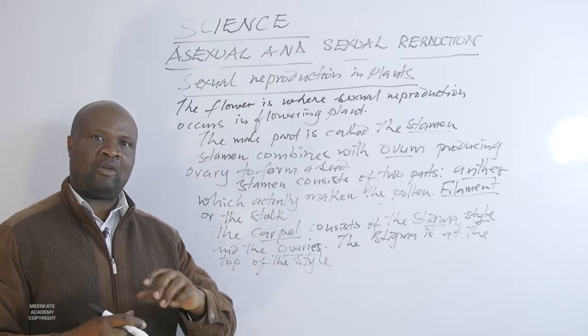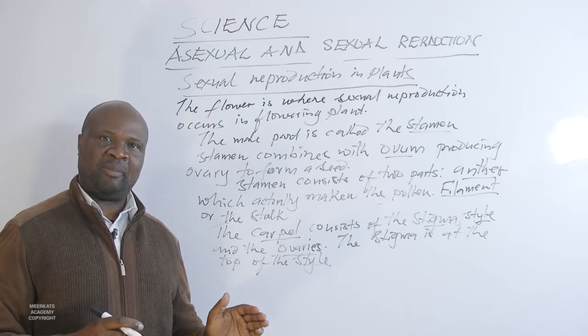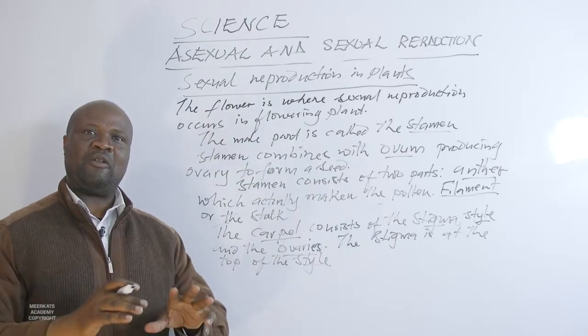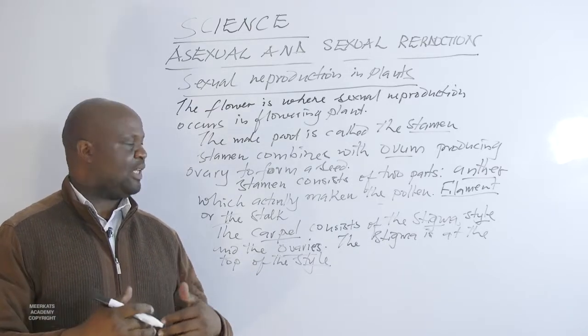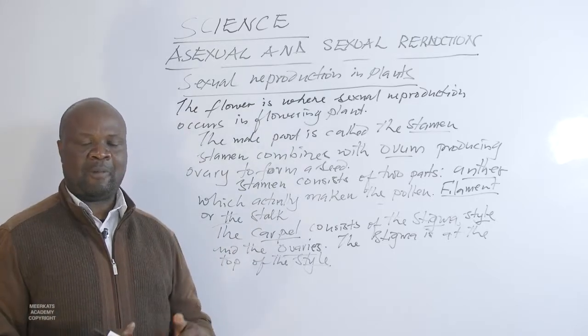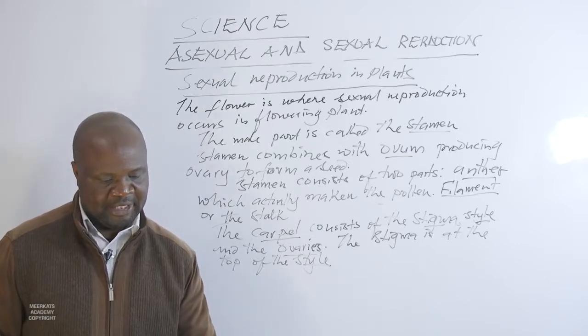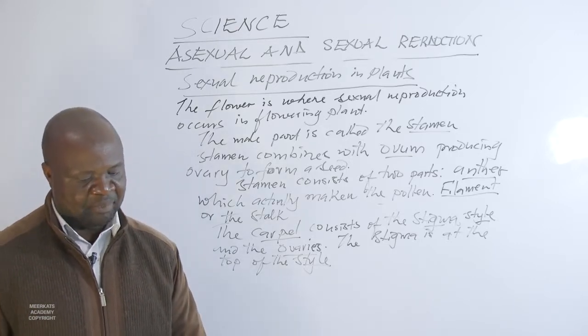When I'm through, I will have a simple diagram explaining what I've been naming: the stamen, the style, the ovary, the ovules, all of them. We shall be able to see the female part and the male part of the flower.